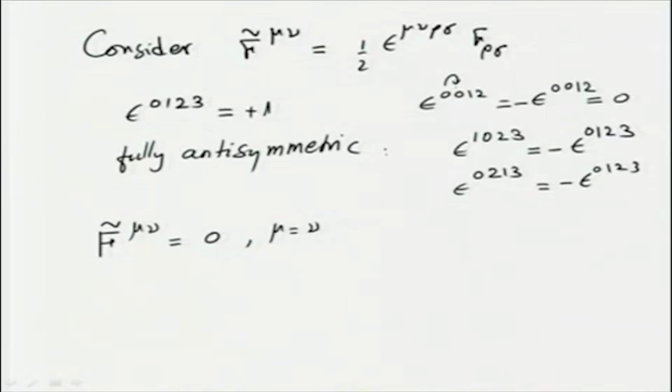Now, let us get the components. F tilde 0 1 is equal to half epsilon 0 1 rho sigma F rho sigma. Rho and sigma are summed over.